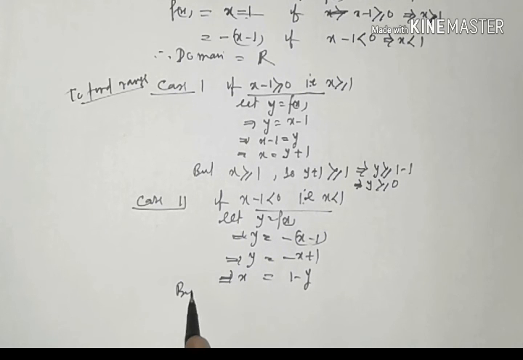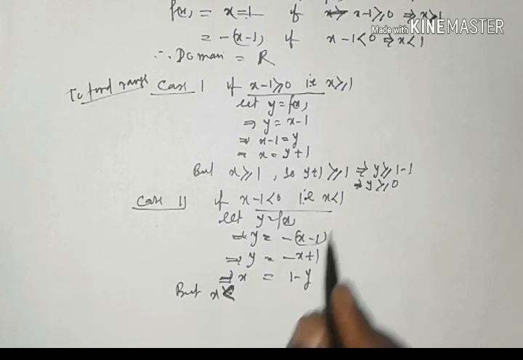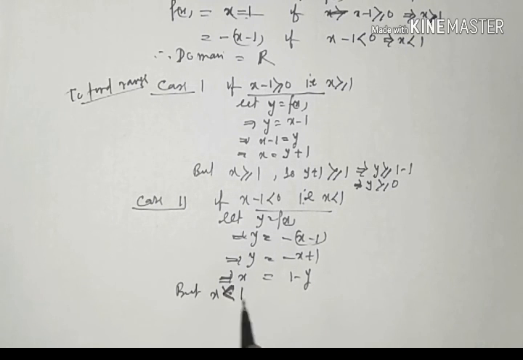But here x is less than 1, so 1 - y is also less than 1.